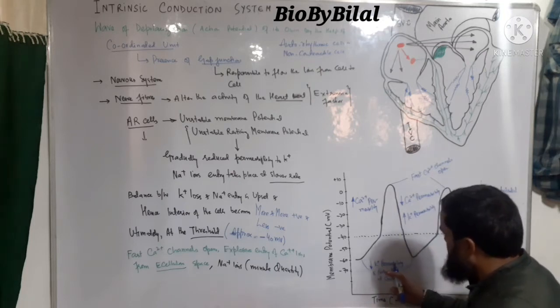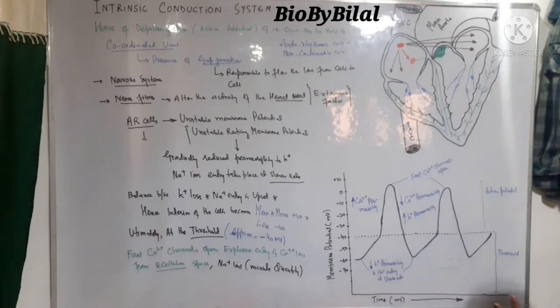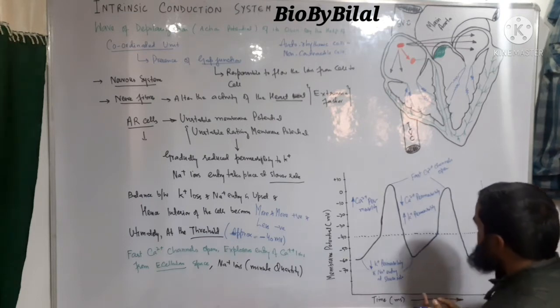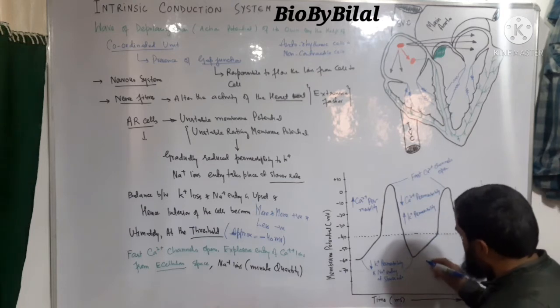When the increased potassium permeability reaches up to the repolarization, what happens? The potassium permeability once again declines. Then there is a closure of the potassium channels. When the potassium channels get closed, what happens?